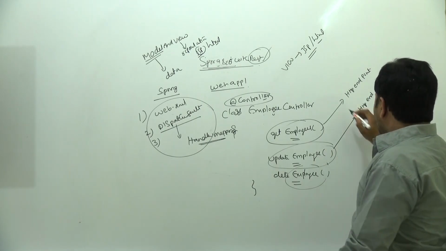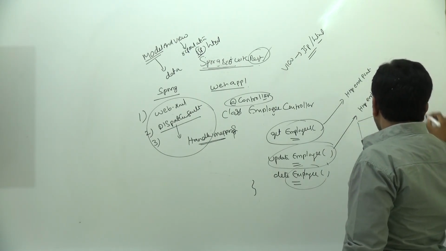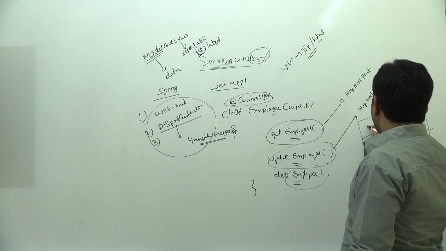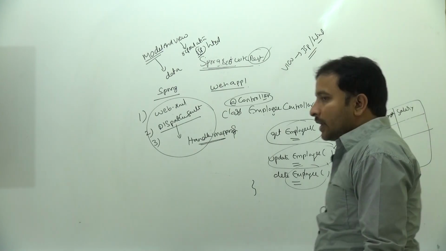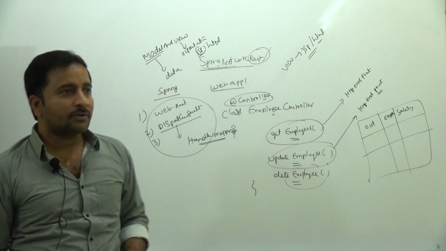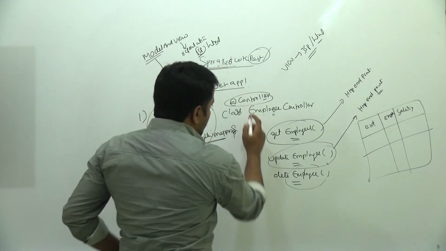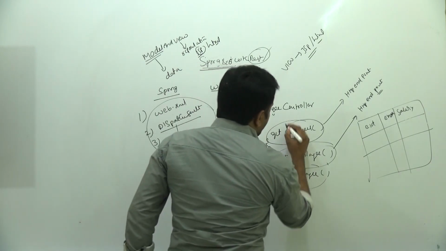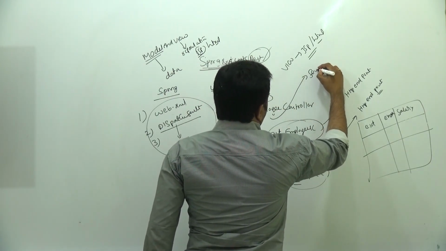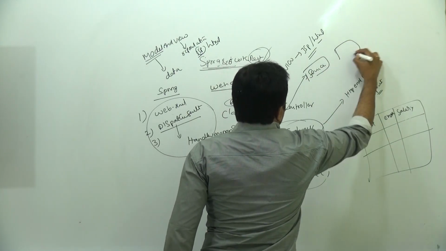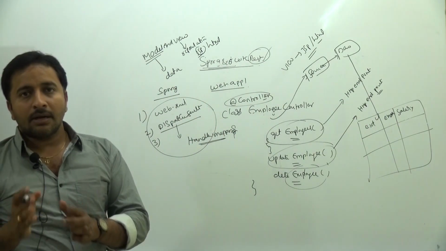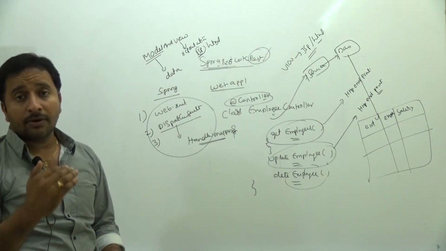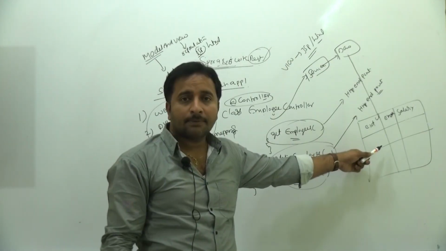In the database there are many employees, with EID, E-number, E-name, salary and so on. How are we going to get the list of employees from the database? The controller interacts with the service, the service interacts with the DAO, and the DAO interacts with the database. Finally we get a list of employees, from the database.